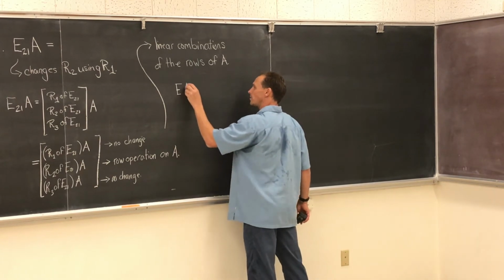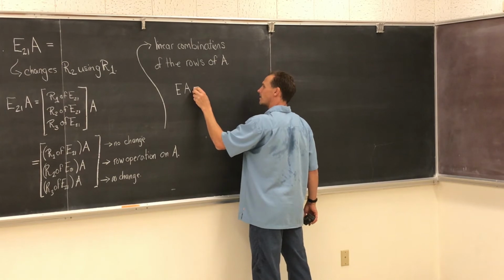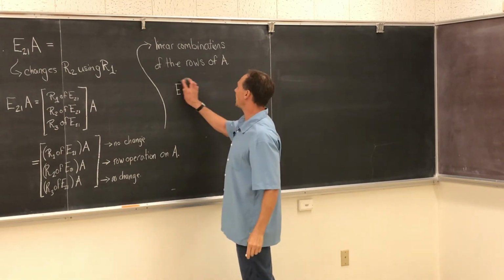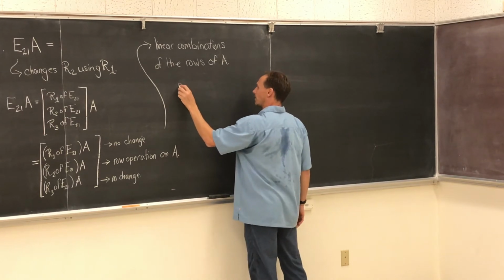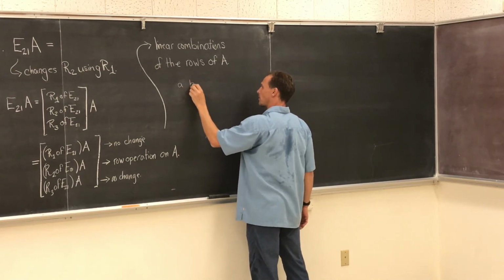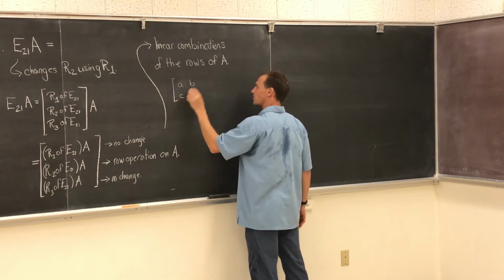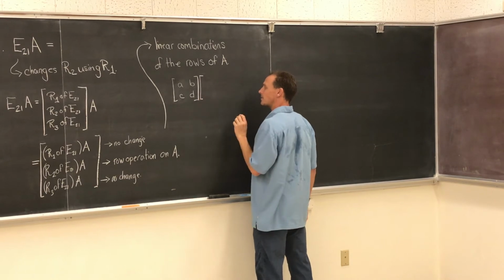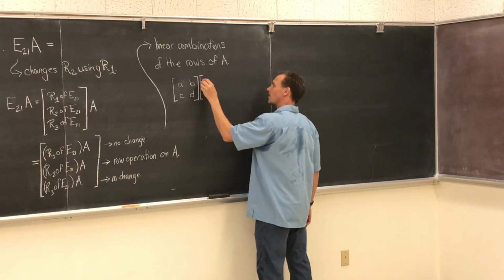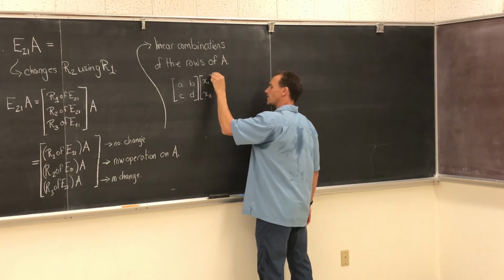Say I have the matrix A, B, C, D times the matrix, we'll call it x1, x2.